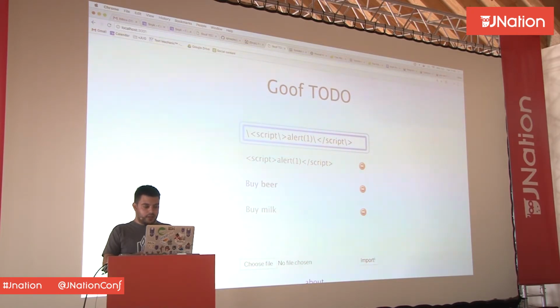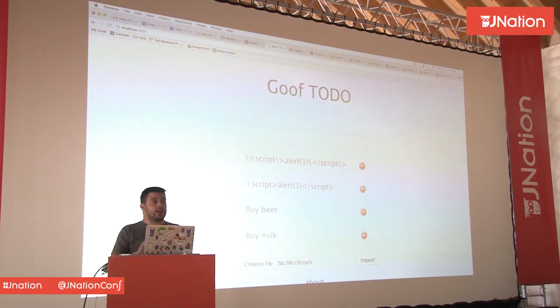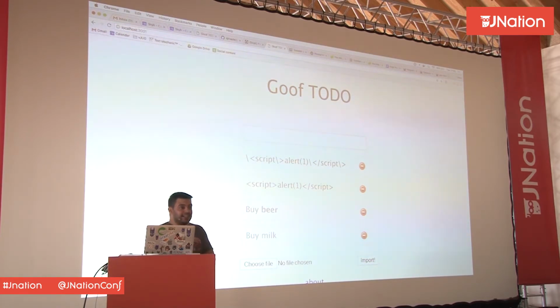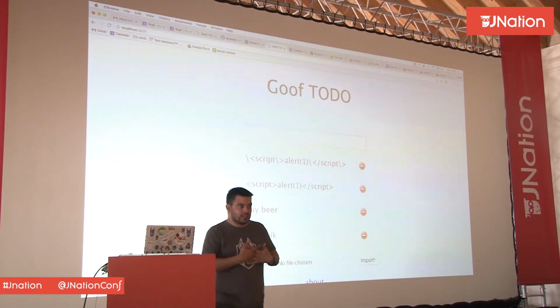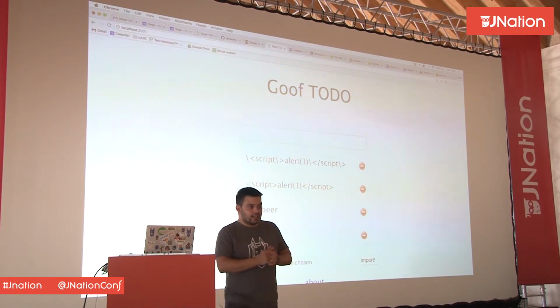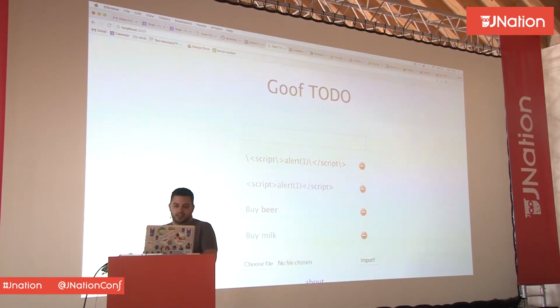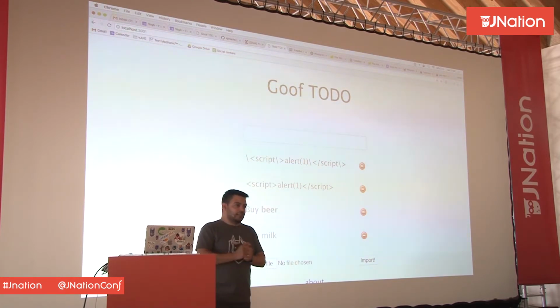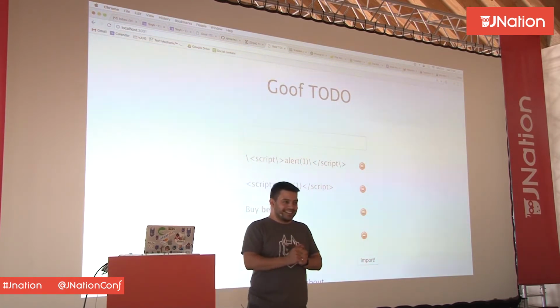Who thinks that's going to work? One, two. Nope, no escaping. Any other ideas? We're using Markdown. So how else can we represent some bad script in Markdown? ASCII? That won't actually work, and the reason I'm just telling you that is because I don't know the ASCII representation of the angle brackets, so I'm not going to waste your time.